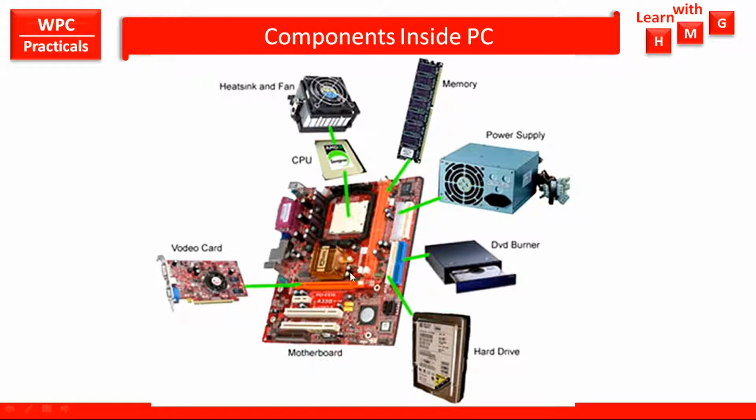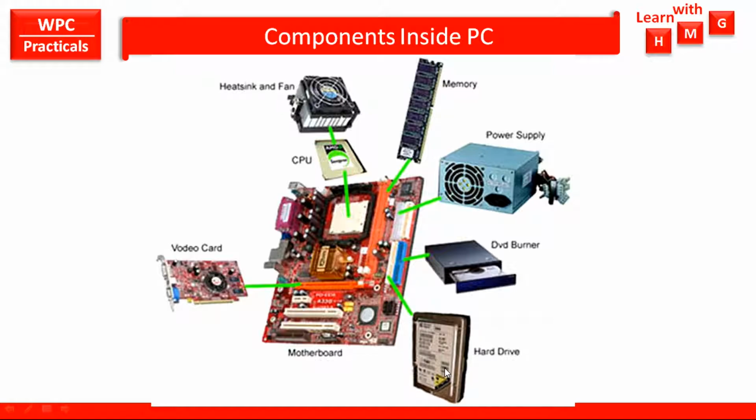First is this motherboard, the big board or the main circuit board, to which other small circuit boards, secondary boards or drives are connected. Here there is the power supply which is available inside the cabinet, that is the SMPS. Then the DVD writer or DVD drive is there.